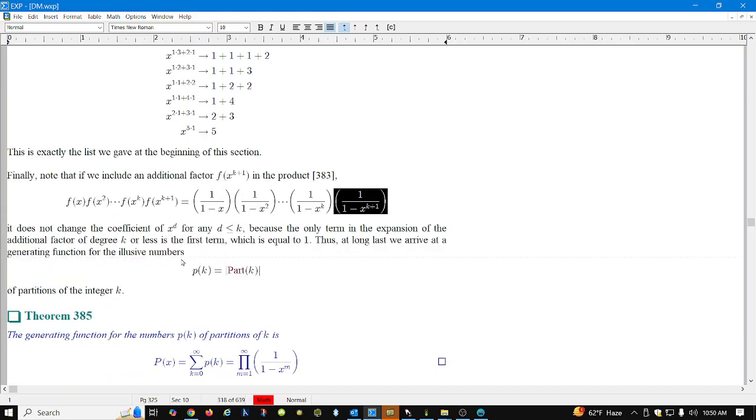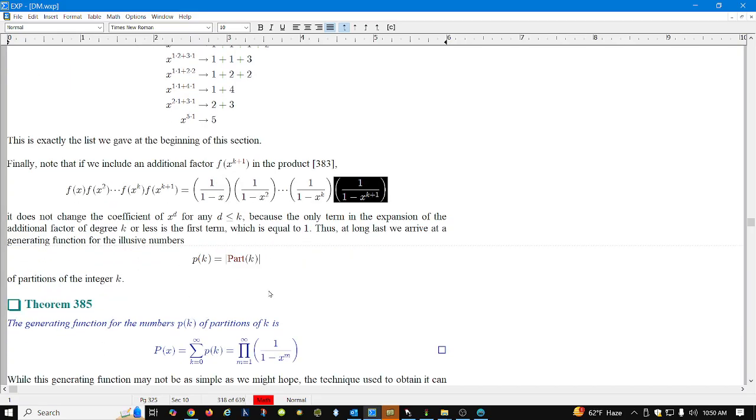Okay. And so, in other words, this becomes an infinite product. That way I can find the terms of degree k for any k. In other words, I can find the number of partitions of k for any k. It's the coefficient of x to the k.